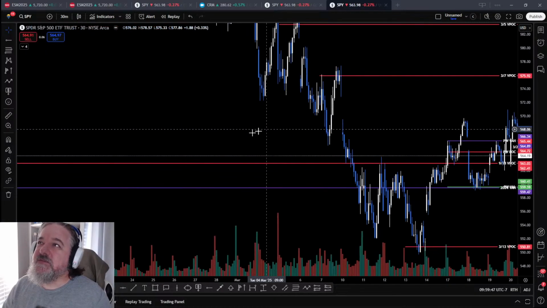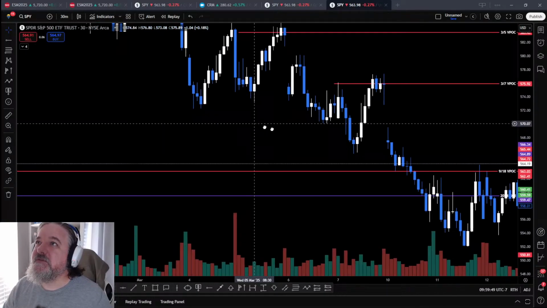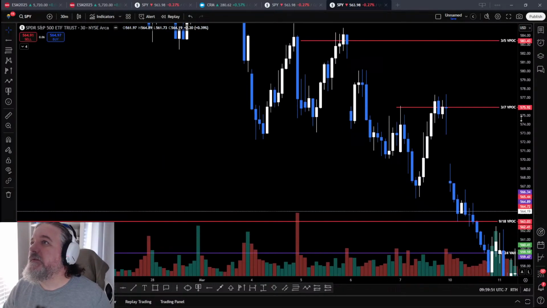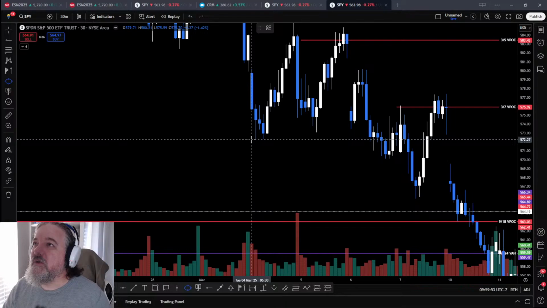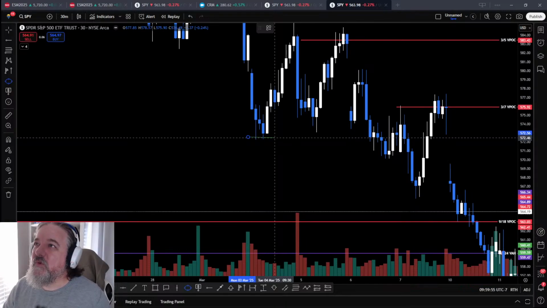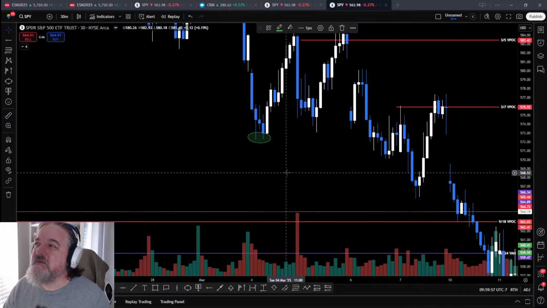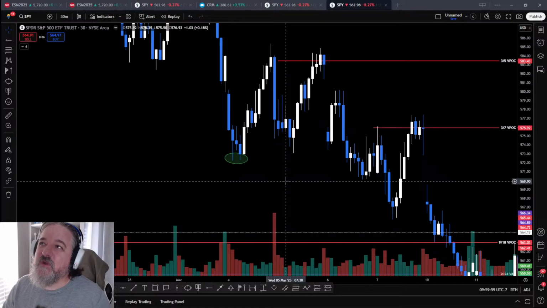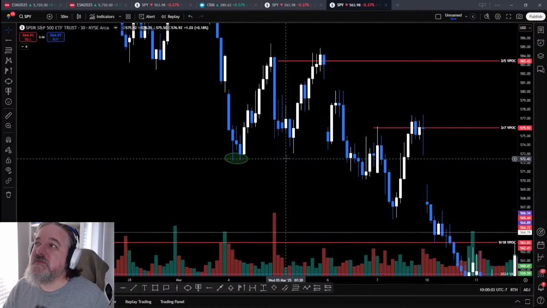And again, to be clear, let's look at this really quickly. Here we have a poor low, and I want to talk about this a bit more: the difference between poor lows versus strong lows, and poor highs versus strong highs.